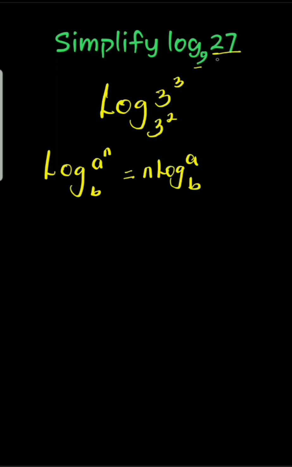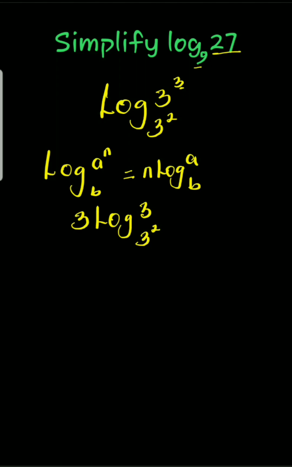So when you look at this, we started with log 27. 27 was expressed as 3 raised to the power 3, and so the power here is 3. Applying this law here, this goes to the back, it becomes 3 log 3 base 3 raised to the power 2.